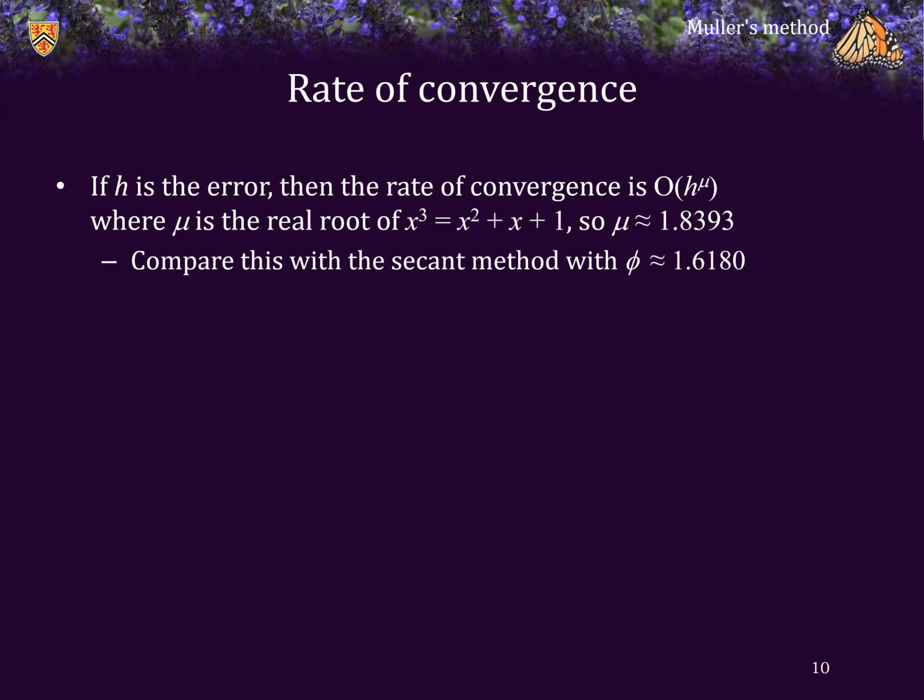You can compare this with the secant method, which is order h to the phi, where phi is the golden ratio, that is the solution to x squared equals x plus 1, and that has a rate of convergence of h to the 1.6180 approximately. And so this technique will converge quicker.